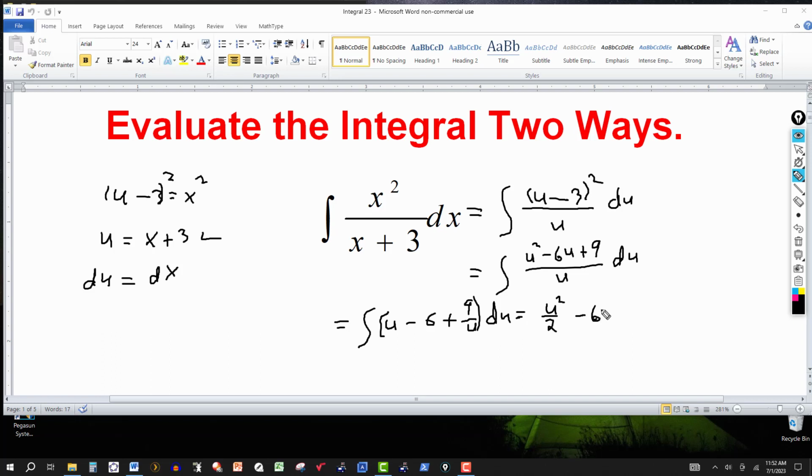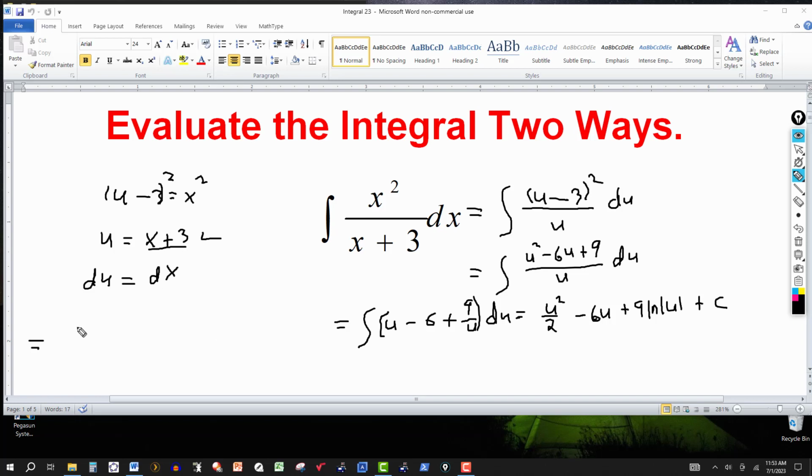And the integral of 9 over u, again, that's your standard formula for natural log here, 1 over u. So this would be 9 natural log of absolute u plus your constant of integration. All we have to do now is just replace the u by x plus 3.